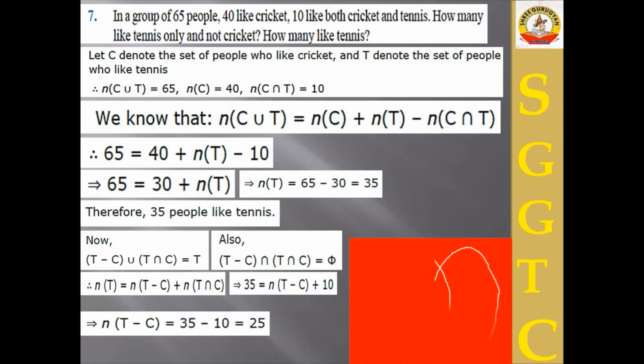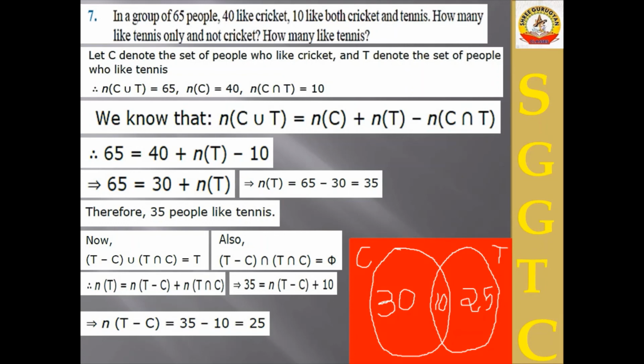And I show that in the Venn diagram. I think you easily understood the Venn diagram because you know the common intersection. The people who like both cricket and tennis are only 10, and the total for tennis we calculated is 35. So here 35 minus 10 becomes 25, my answer, very easily, for liking only tennis.